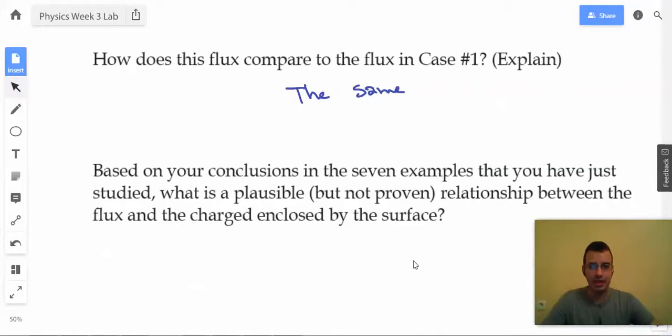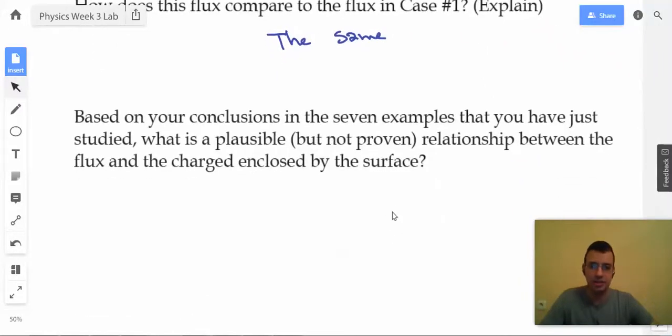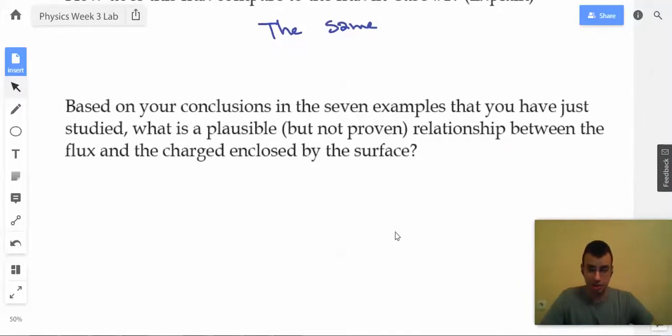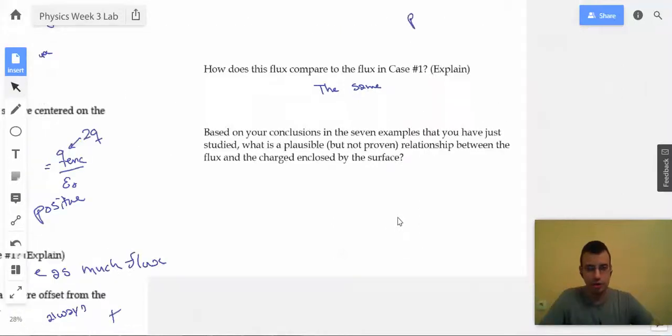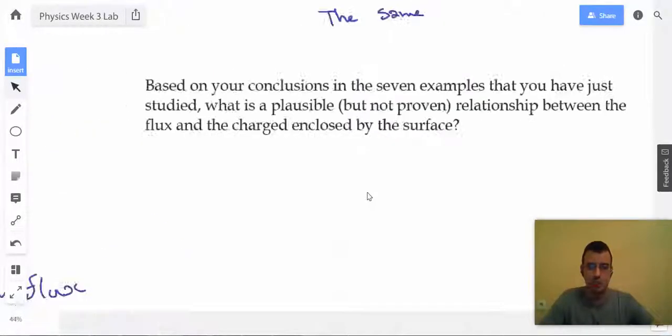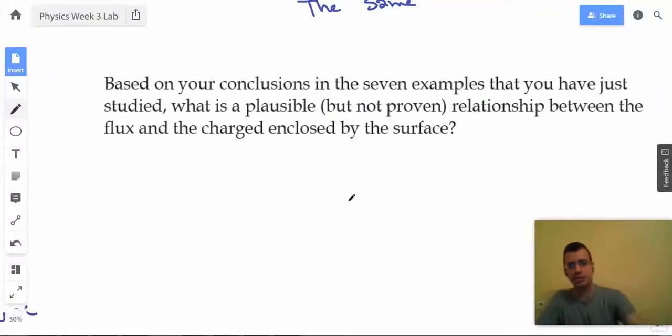Based on your conclusions in the 7 examples that you have just studied, what is a plausible but not proven relationship between the flux and the charge enclosed by the surface? Okay. Well, maybe they weren't expecting us to use Gauss's law with the exact information that they taught us.